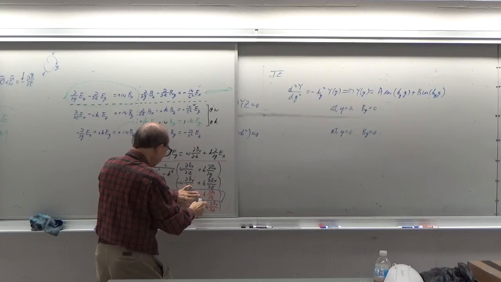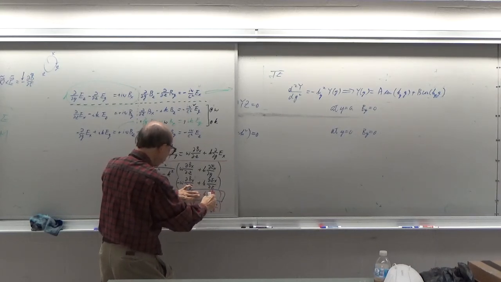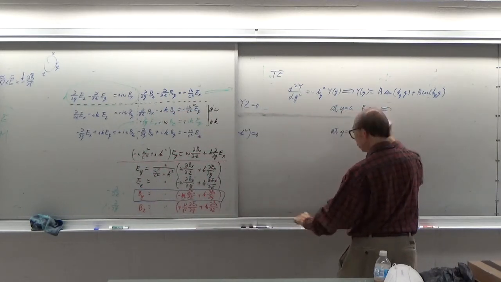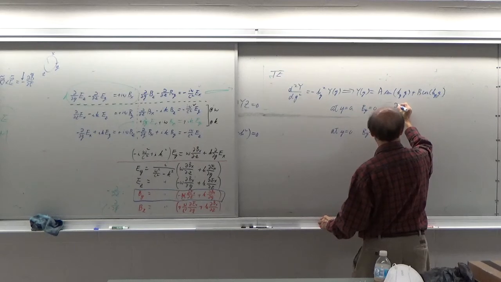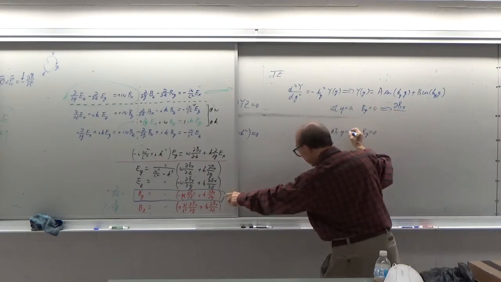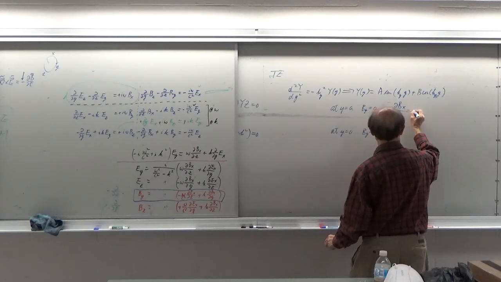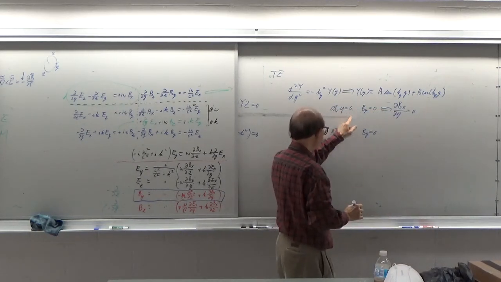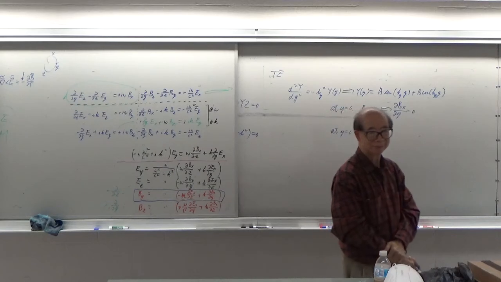So in fact we have to impose the condition that the derivative of Bx with respect to y is 0. So this implies that del Bx by del y equals 0 at y equals 0, and similarly at y equals a.